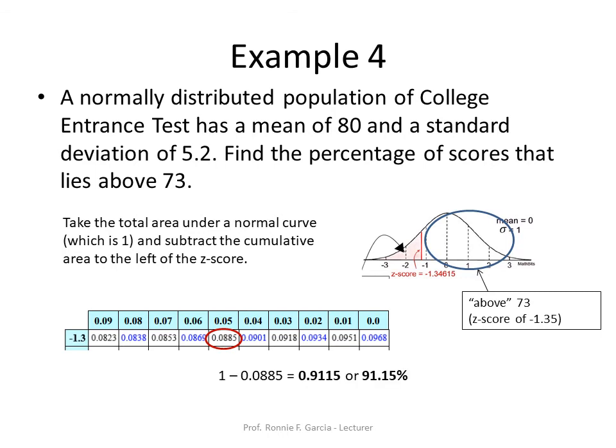So that's 1, the overall area, minus the area below it or on the left side, that's 0.0885. So the remaining value is 0.9115 or 91.15%. So that is the area or the percentage of the scores that lies above 73. So that is the answer.